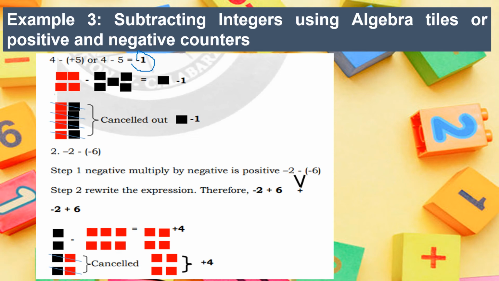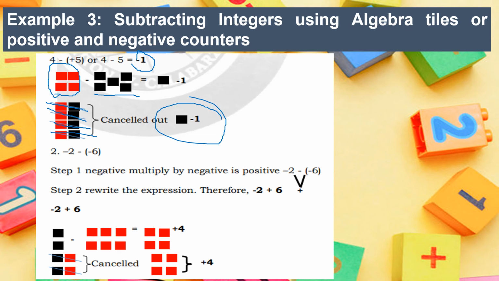So, itong positive 4, itong red. Next, itong black is negative. So, dahil siya ay kinancel natin, 1, 2, 3, 4, cancelled out. So, ang natira na lang ay negative 1. So, 4 minus 5 equals negative 1.